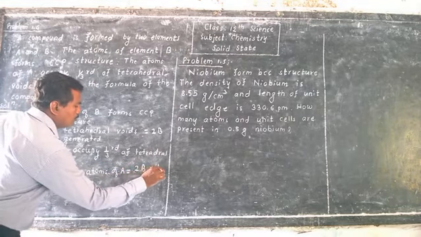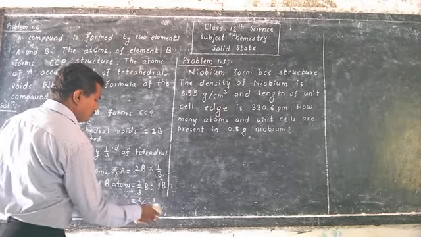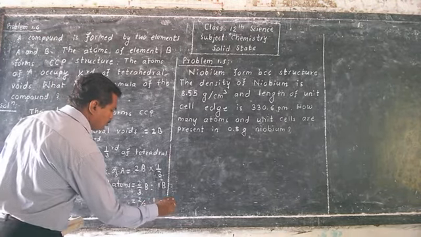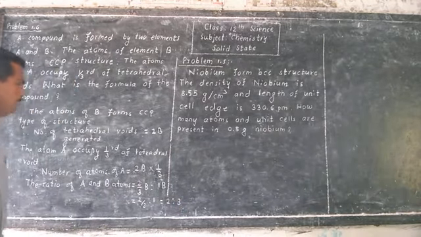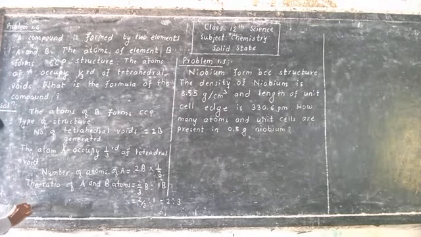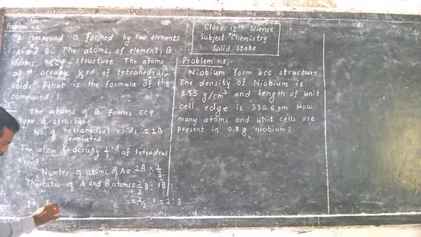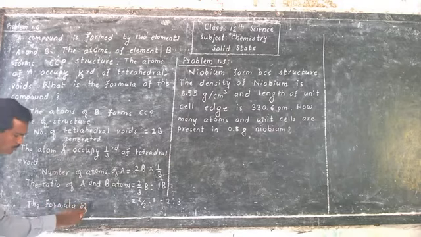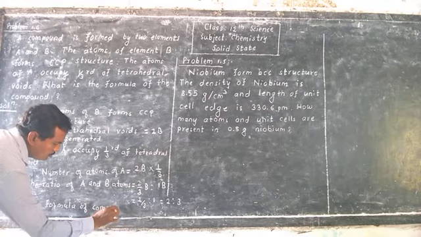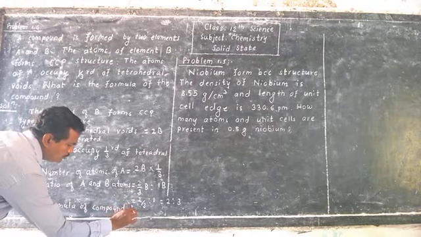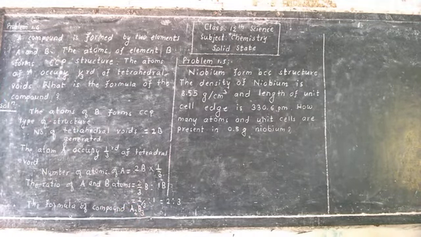So it will be 2:3. So the formula of that compound will be A2B3, because the ratio is 2:3.